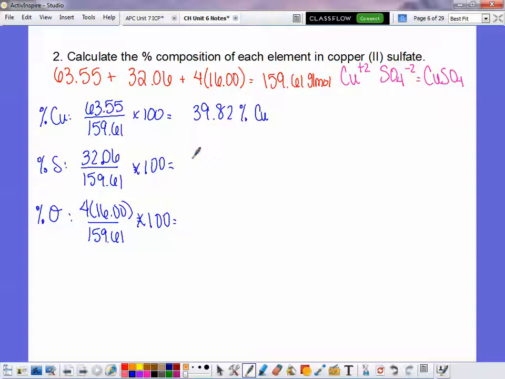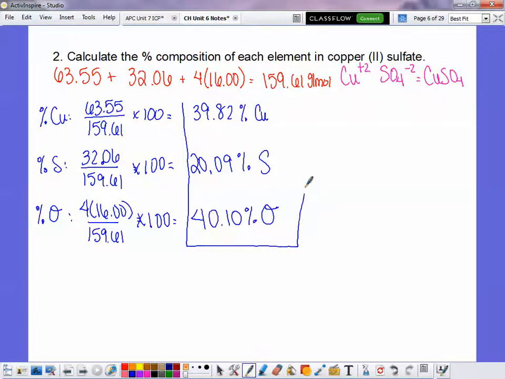Sulfur? 20.09 percent sulfur. And oxygen? 40.10% oxygen. So those are our 3 answers.